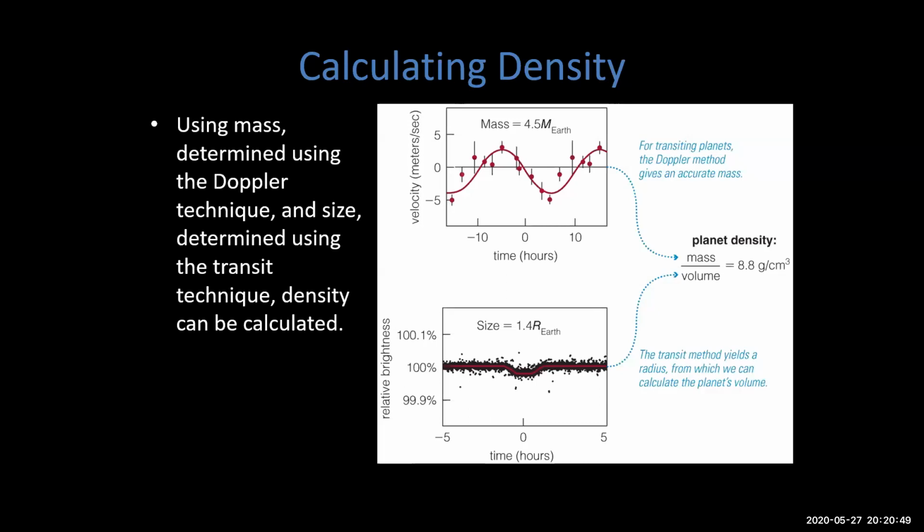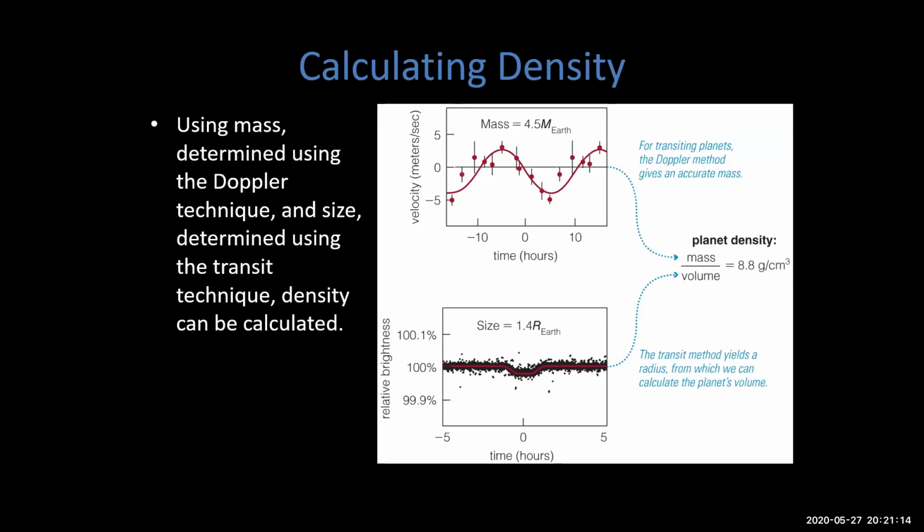If we can combine these two different techniques for finding planets, that's when the science starts to get even more interesting, because we can get things like density. The only way we can get the mass is from the radial velocity method, and the only way we can get the volume right now is from the transit method.